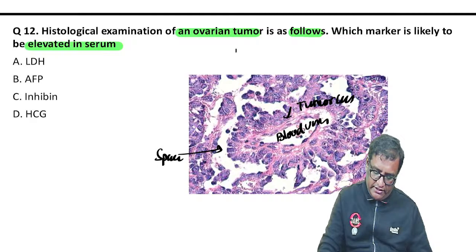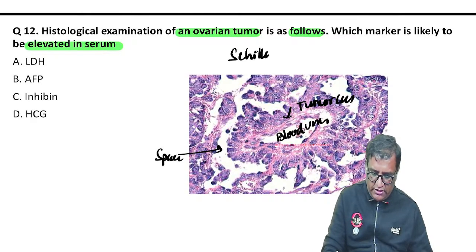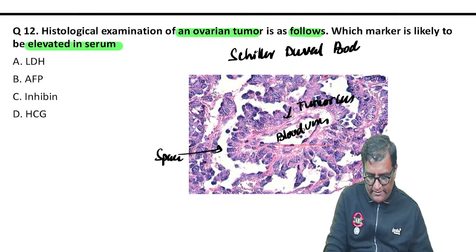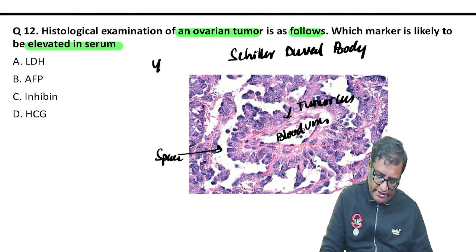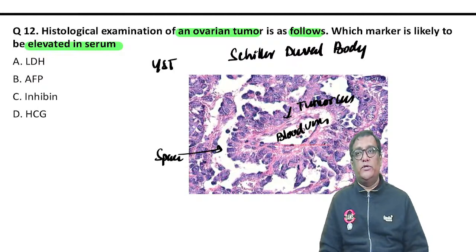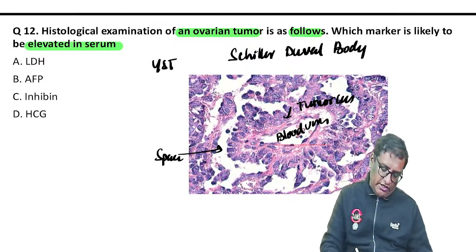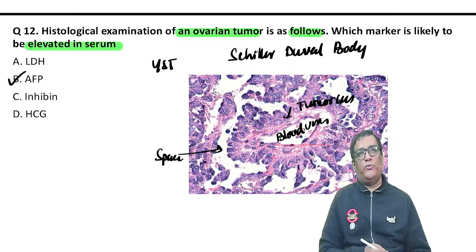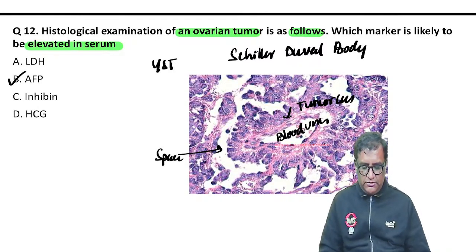This is very characteristic. This is your Schiller-Duval body, seen in yolk sac tumor or endodermal sinus tumor. And what is the marker for that? Option B, alpha fetoprotein. Alpha fetoprotein will be the marker for this yolk sac tumor, isn't it?